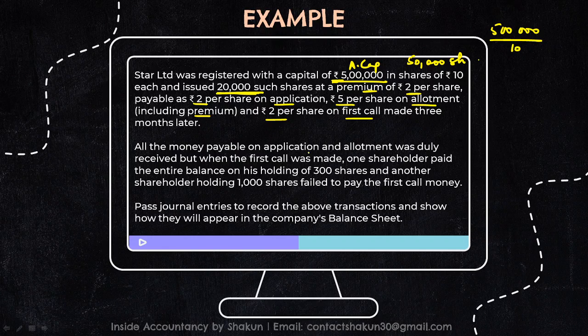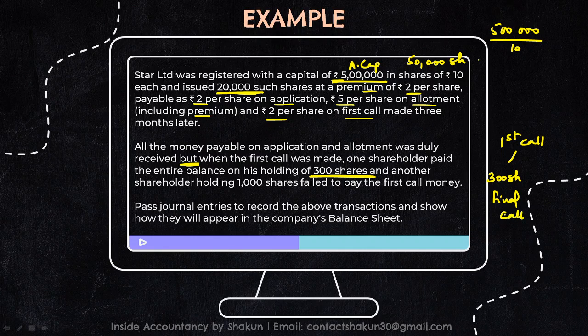All the money payable on application and allotment was duly received. So we've received all money, but when the first call was made, one shareholder paid the entire balance on his holding of 300 shares. So when we made the first call, there was a shareholder having 300 shares who paid the final call money also.